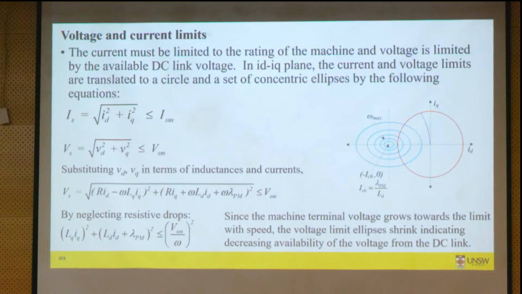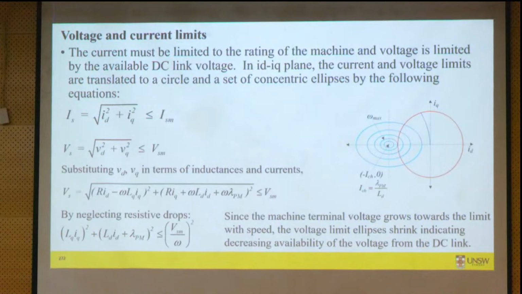We just cannot have infinite ID or infinite IQ, or randomly select an ID or IQ value. They all depend on your operating conditions.